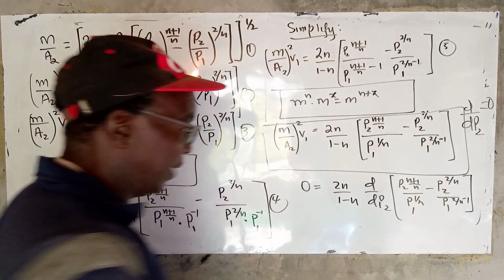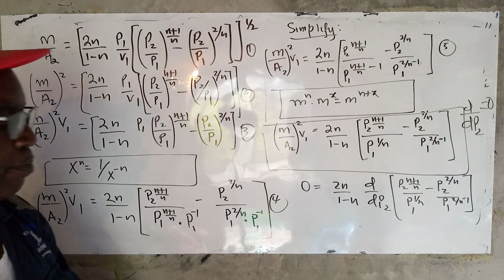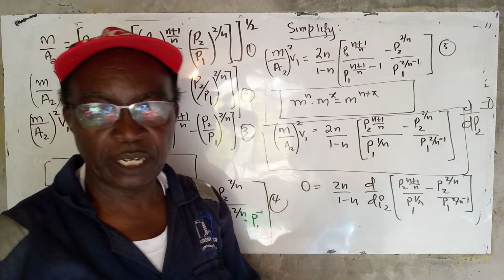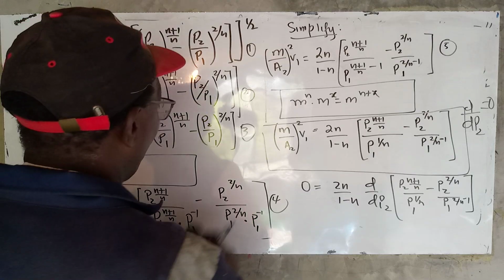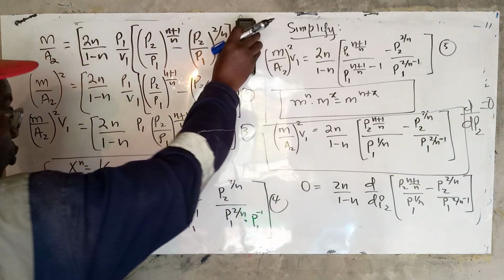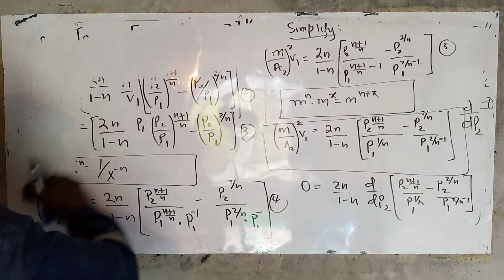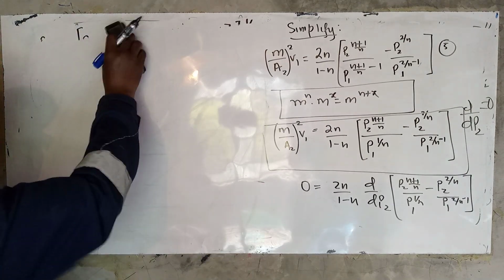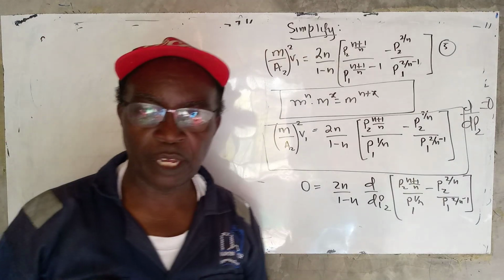So I want to take the derivative here. And you notice that this is not just a simple derivative. We are dealing with a quotient there. So we'll use the quotient rule from differential calculus. Let's remind ourselves of what the quotient rule is.